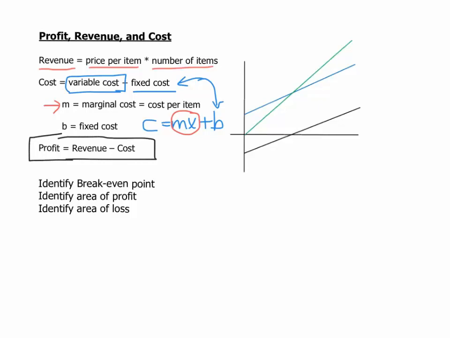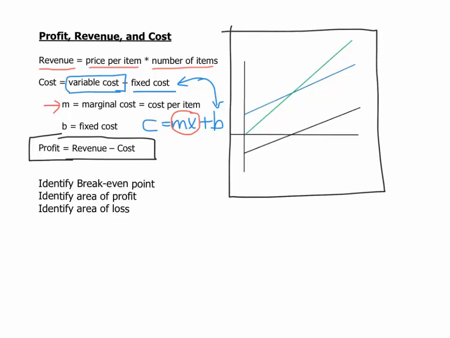And what I have over here is graphs of three functions that could be a profit, revenue, and cost. So this blue line, this is our cost, and I can tell it's a cost function because we start out at a point above that x-axis, whereas this green line, this looks more like a revenue function because revenue functions always go through the origin.